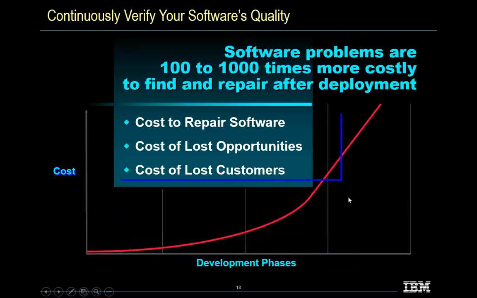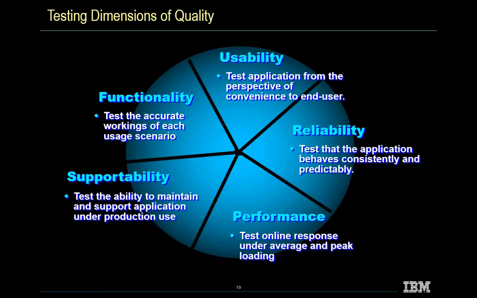Once you deploy, cost goes very high. Therefore, it is critically important to do proper software quality verification based upon your business requirements, making sure that all positive and negative tests are done, and that we perform all the various types of tests and verification as we discussed. Because once you deploy, it is very costly.